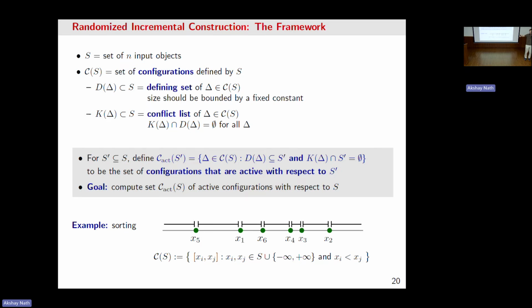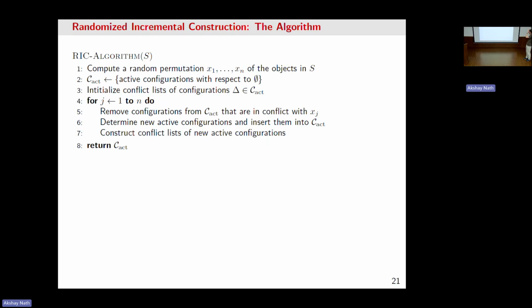All intervals, all possible intervals defined by 2 points. One of these points, or both, could be minus infinity or plus infinity. When is something in conflict? Well, if another point lies inside that interval, then it's in conflict with that interval. Okay, so that's sort of the setup.